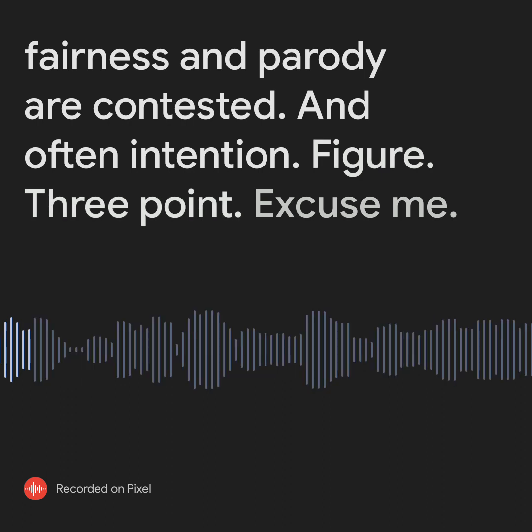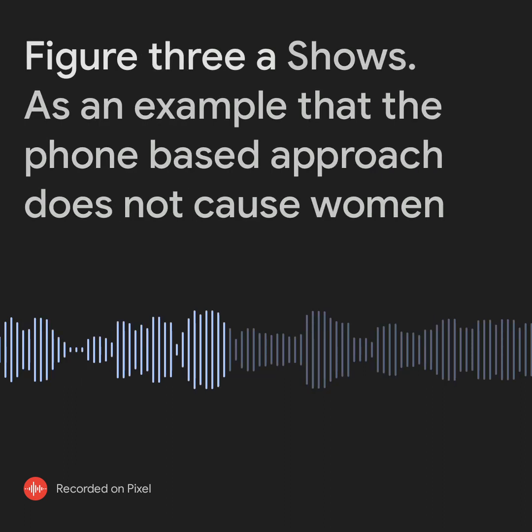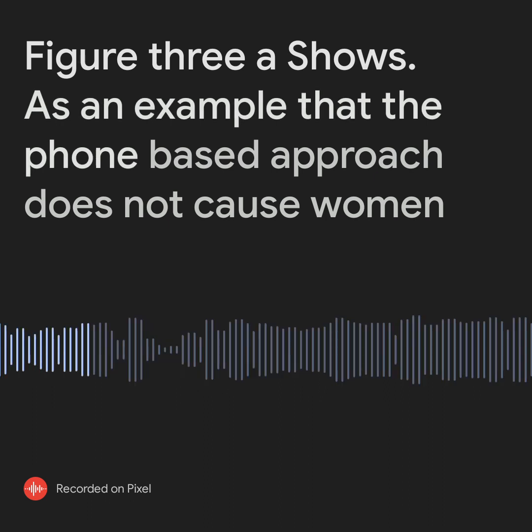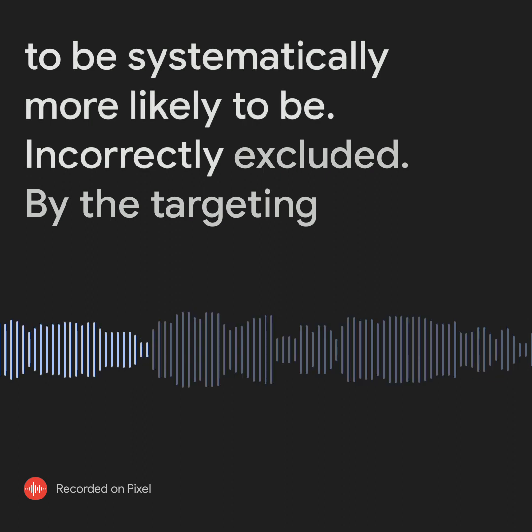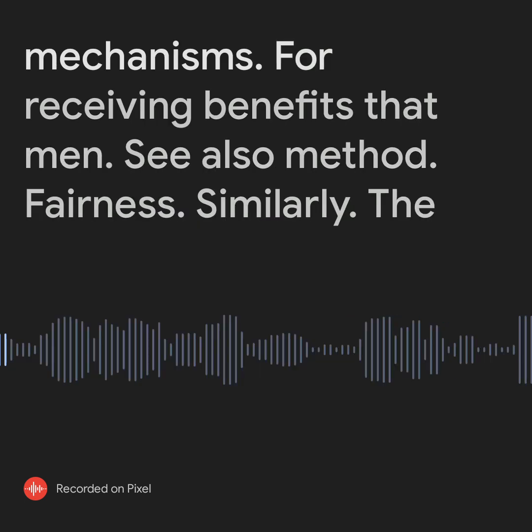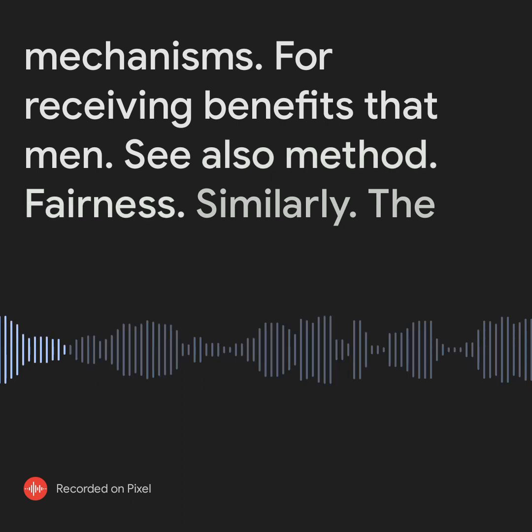Figure 3A shows as an example that the phone-based approach does not cause women to be systematically more likely to be incorrectly excluded by the targeting mechanisms from receiving benefits than men. See also methods, fairness.